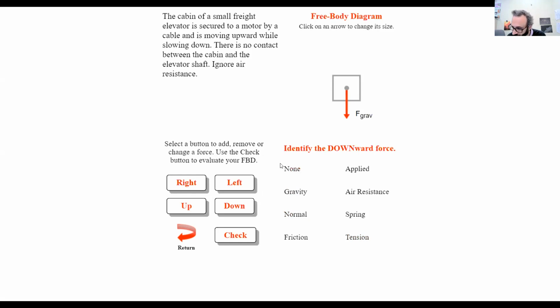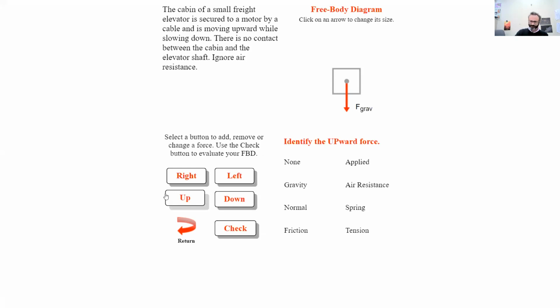And what direction is that going to be? Up and down. Well, which one? Which way is it pulled? Up, right? It's being pulled upwards. So I could put applied force and I wouldn't be wrong, but this is going to tell me I'm wrong because there's a better name for that type of force than just applied force.